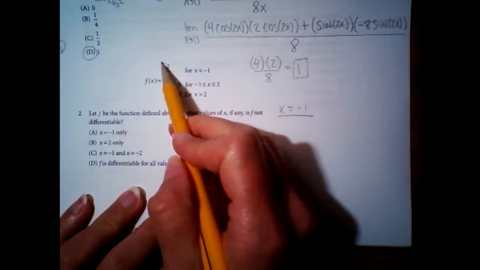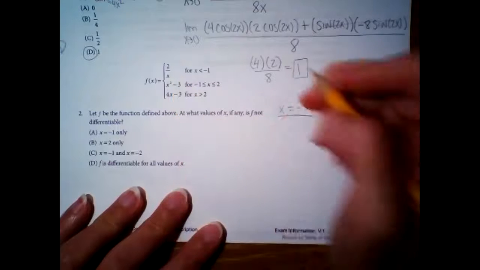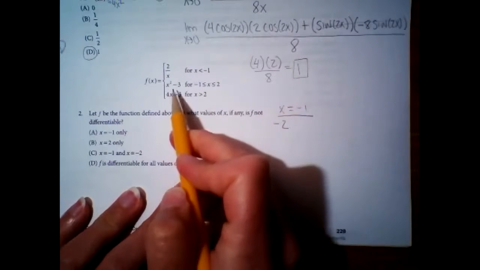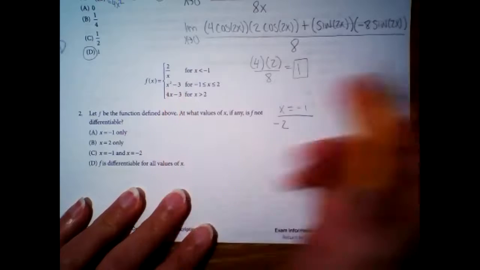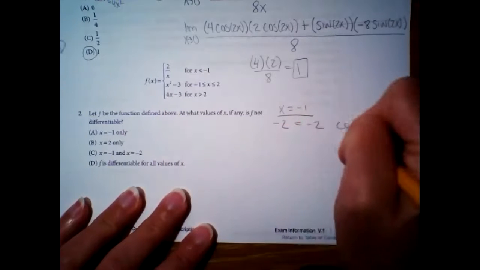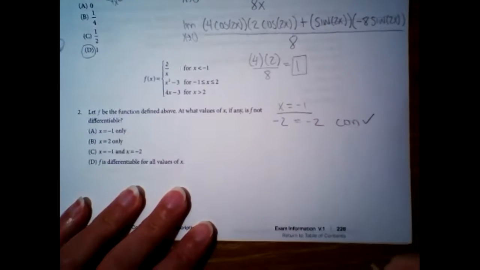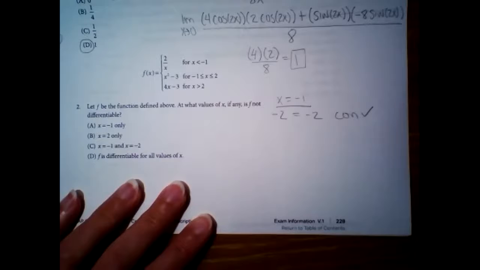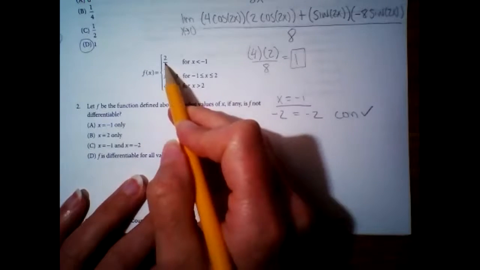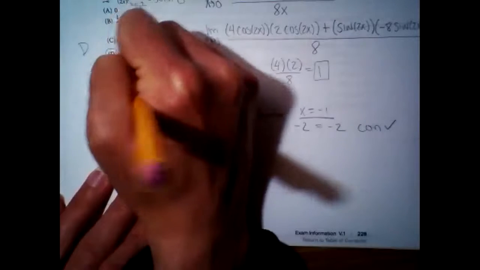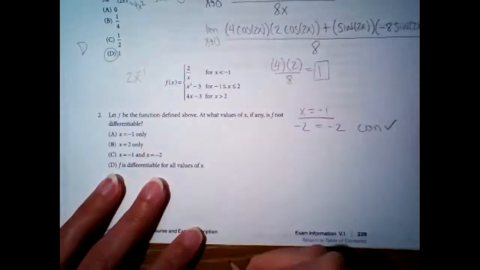If we plug in -1 to this piece, we would get -2. And if we plug in -1 to this piece, we would get 1 minus 3, which is -2. All right, so the function is continuous. Now we need to check if it's differentiable. So I'm going to need to do the derivatives at -1. So 2 over x, that means 2x to the -1.